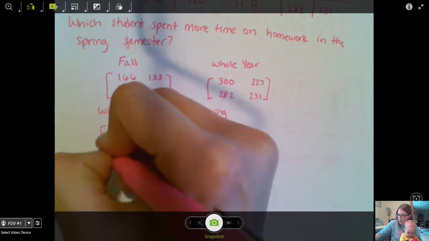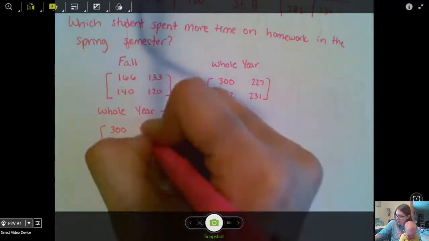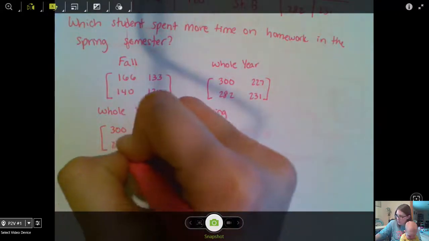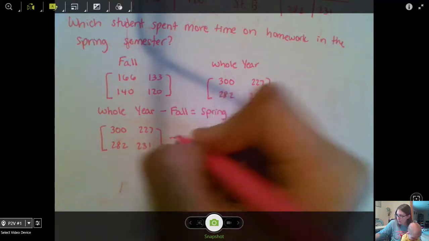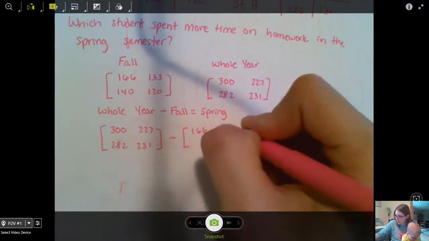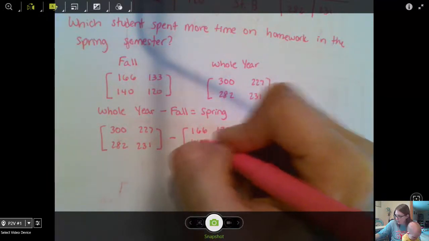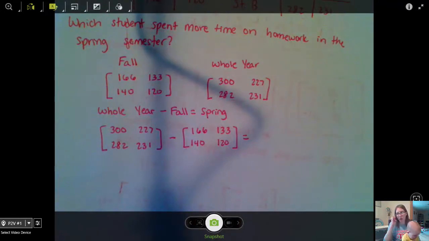So my matrix that represents the whole year is 300, 227, 282, 231, minus 166, 133, 140, 120. So just like before, in order to subtract my matrices, I have the same dimensions.